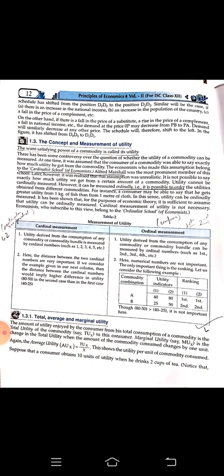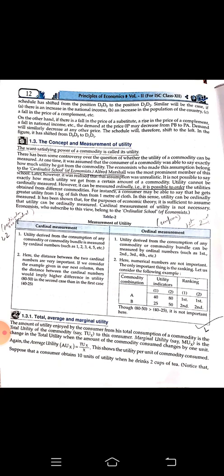Alfred Marshall said utility of a commodity is measured with cardinal numbers. What are the cardinal numbers? The numbers we use like 1, 2, 3, 4, 5, 6, 7, 8, 9, 10 and so forth. All these are cardinal numbers. So Alfred is saying if you buy a pencil, then you can say what its utility is.